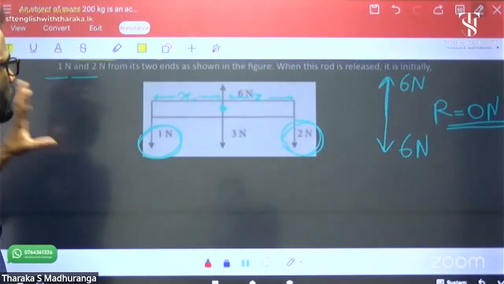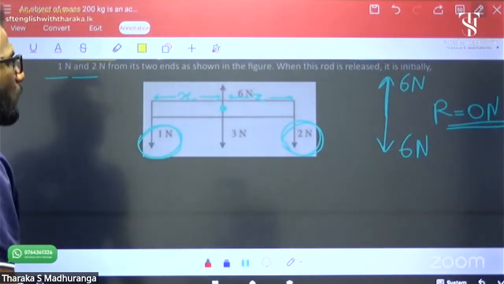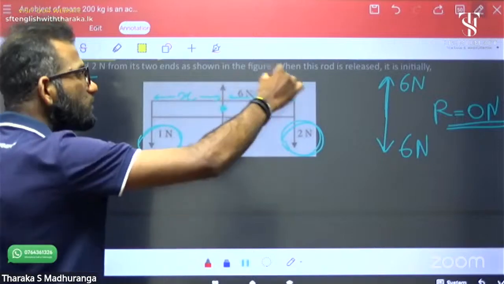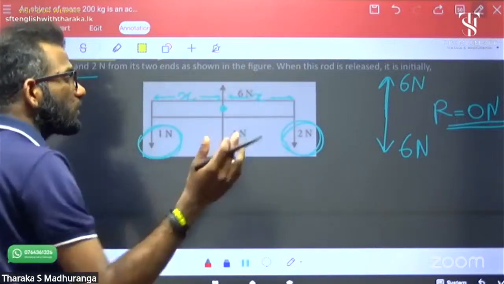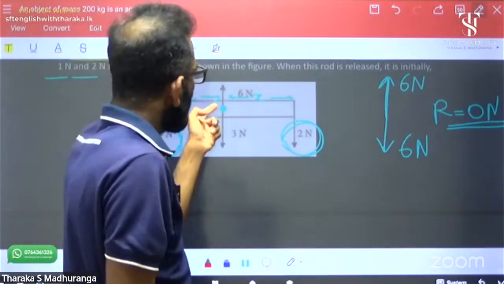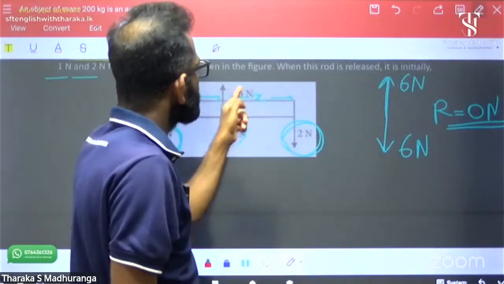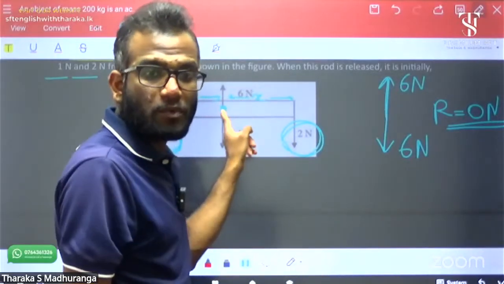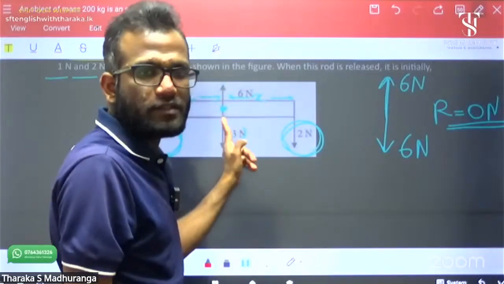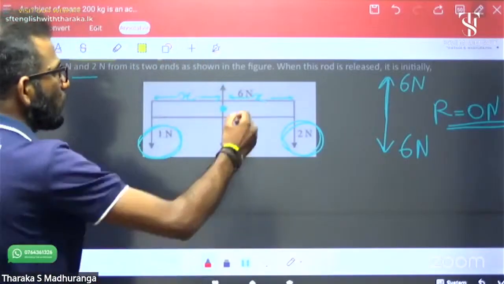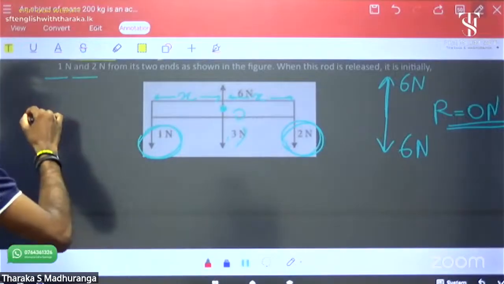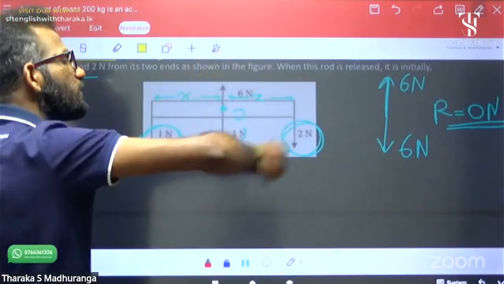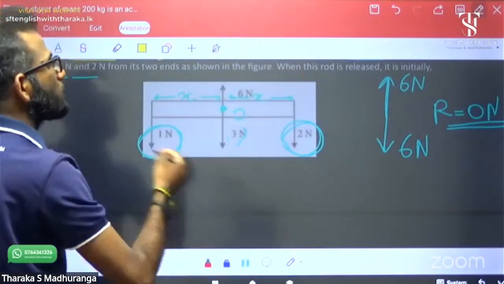Okay, now I can check the moment of forces. There is no moment of force by 3 Newton and 6 Newton because this is the rotational point, O. I am going to get the moment of force in the clockwise direction: it is 2x.